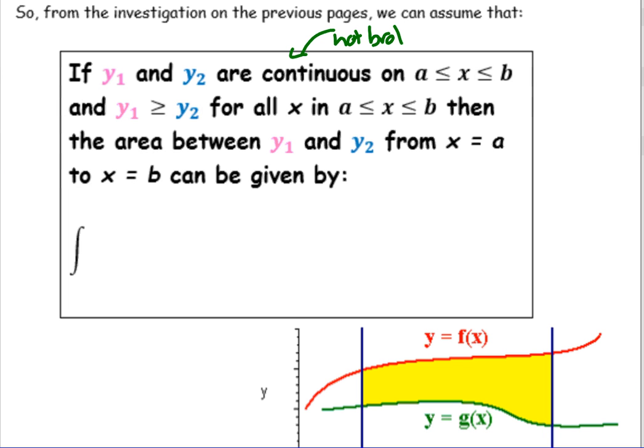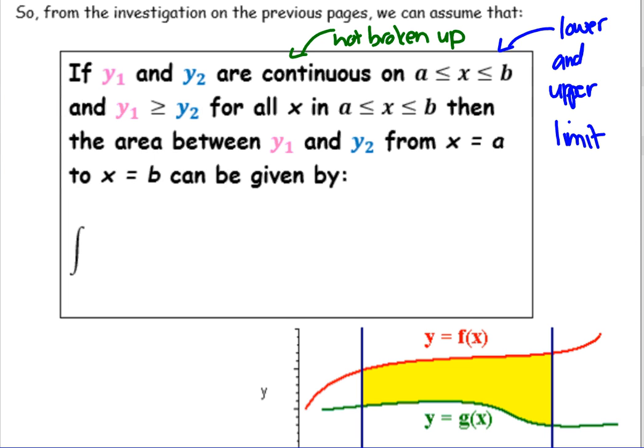So if y1 and y2 are continuous on, what do you think A and B are? It's not a trick. A and B, lower and upper limit, in terms of the x value.